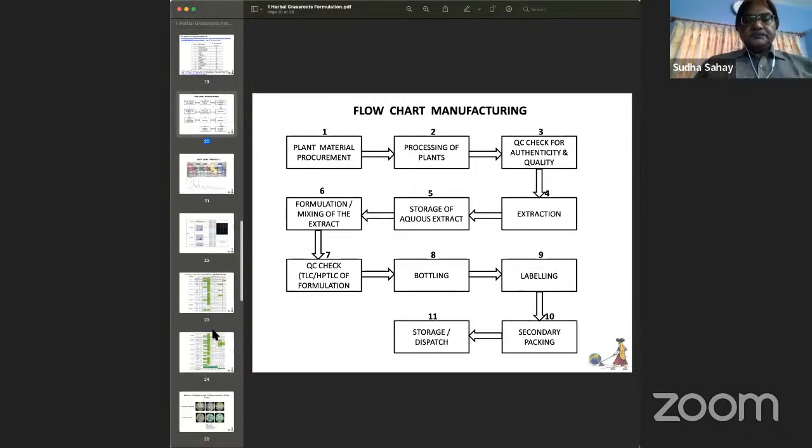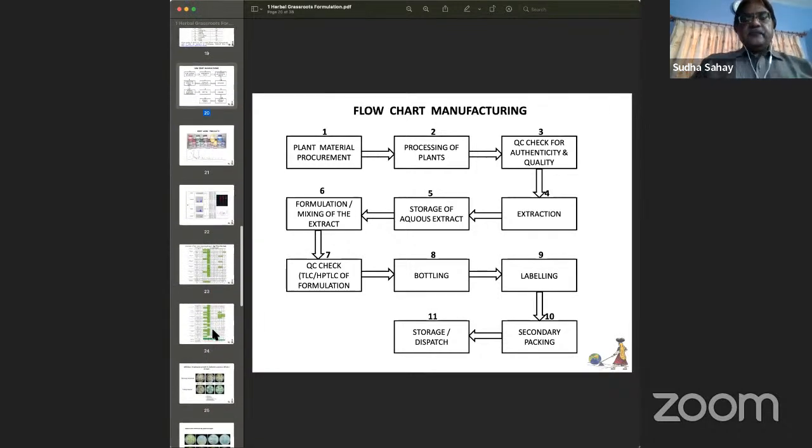And this is the pathway of how, from a grassroots practice, we can come to the formulation of a product. The first step in the validation or product development from grassroots practices is the identification of plant material. Then after procurement, its processing as per the innovator's practice or a scientific way in which it can be processed.